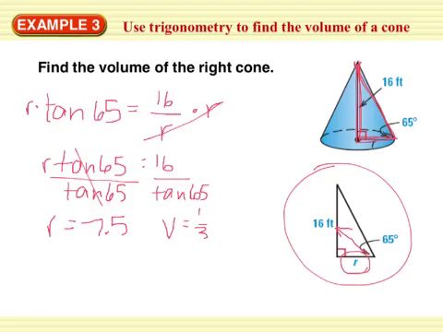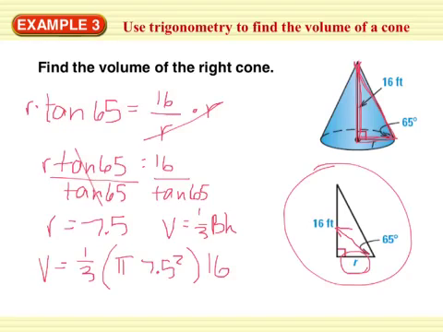Volume equals 1/3 big B times height. 1/3 big B is pi r squared times height. 1/3 times pi times 7.5 squared times 16. I get a volume of 942.5 feet cubed.